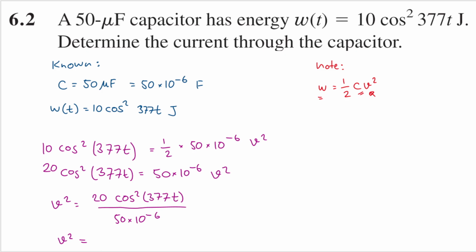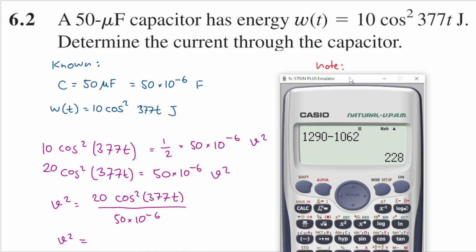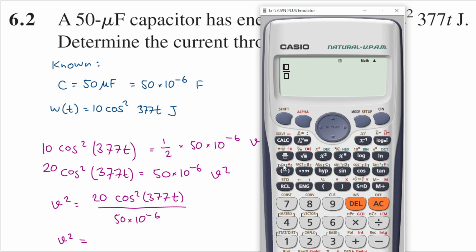Let's use the calculator to calculate the constant coefficients. What is 20 divided by 50 multiplied by 10 to the minus 6? That will be 4 multiplied by 10 to the 5.